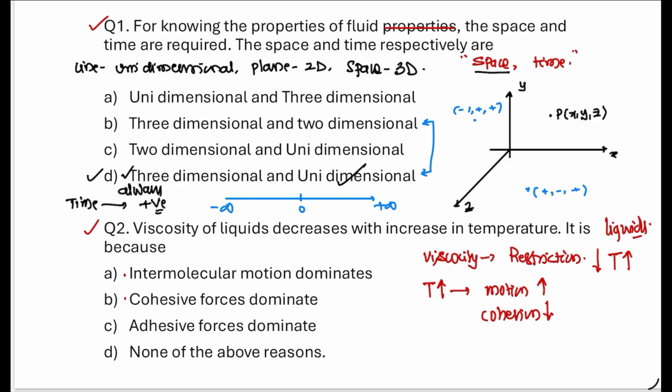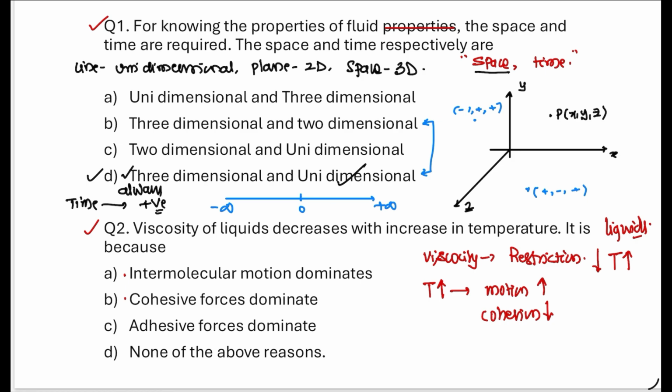That means togetherness between the molecules decreases. Next, adhesion. Adhesion is between two surfaces. Adhesive tapes you may be knowing. That does not have any bearing on the viscosity of an individual product.